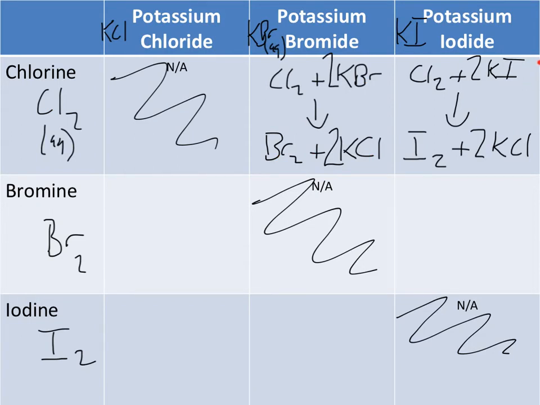We've got potassium iodide, which is a salt solution, so also would be colourless. And then we produce potassium chloride, which dissolved in water is colourless, and iodine, which would remain dissolved in the water. We said in the first video that iodine, when it's dissolved in water, is a sort of brown colour. So we'd be producing a brown liquid in this reaction. We go from colourless to brown.